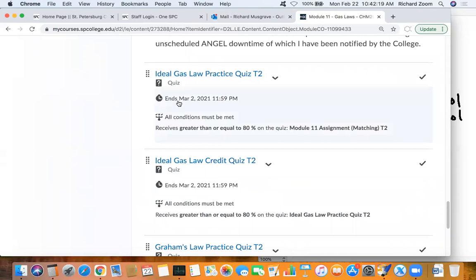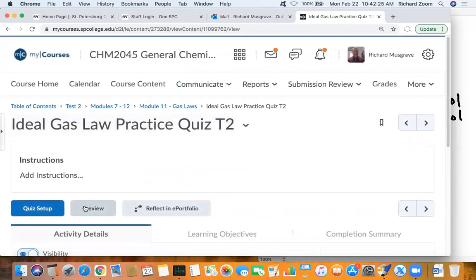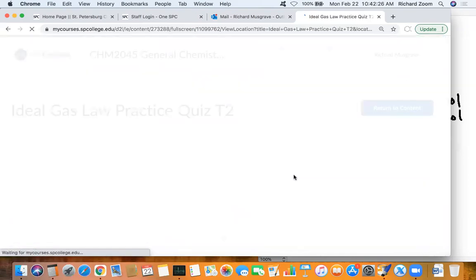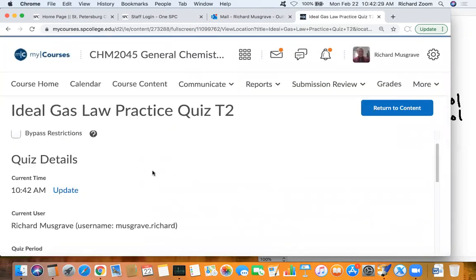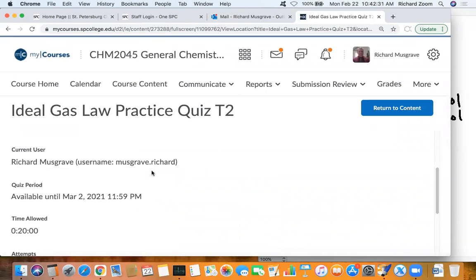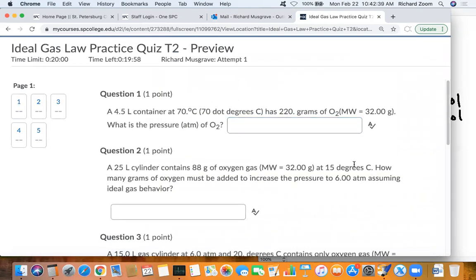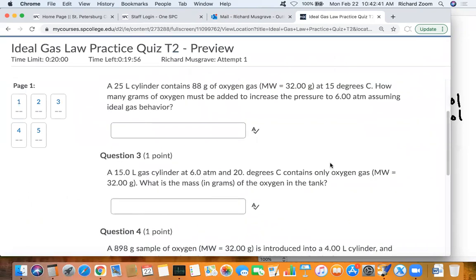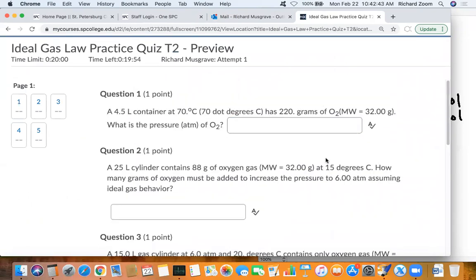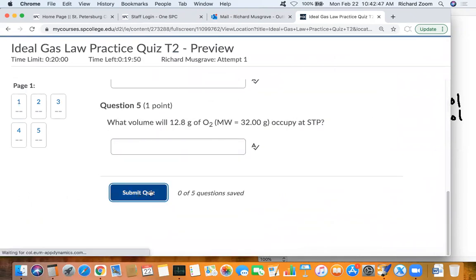Now, on top of that, you've got the ideal gas law practice quiz here. And Joseph, it looks like we're running out of time, but I'm happy to go through something after class with you if anybody else wants to hang around. It's fine. I figured I was not converting to the proper units of measurement. Oh, okay. All right. So that's a fun one to do as well, the ideal gas law practice quiz.